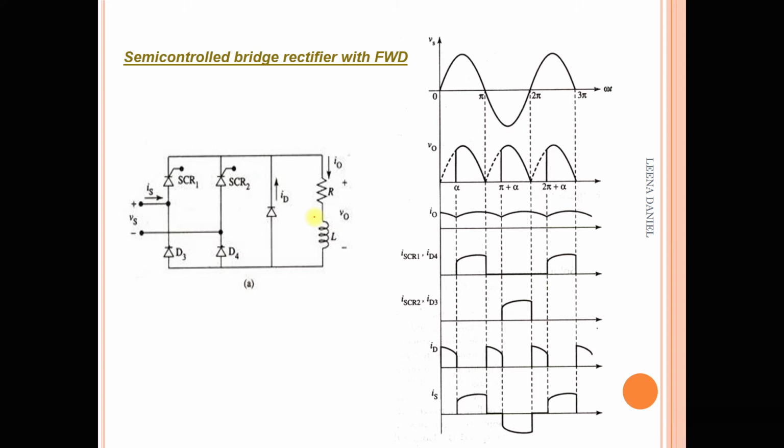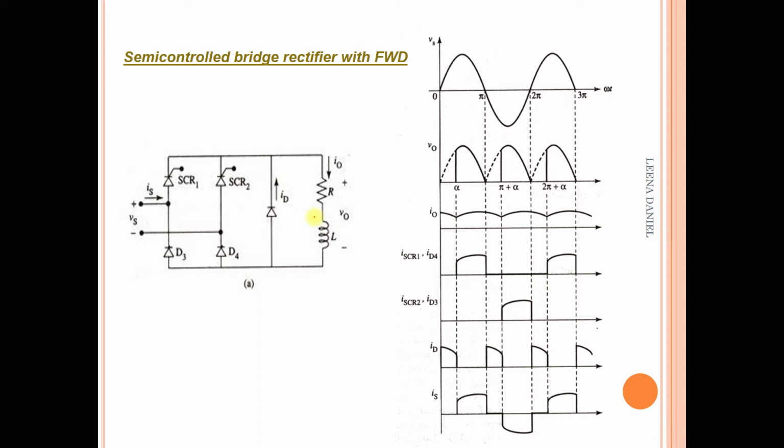So the function of the circuitry does not change in case of controlled, fully controlled or semi-controlled, but the only change is that we have to control only one unit at a time. We need not give the gate signal to both units, because in the positive half only one SCR is conducting, one diode is conducting.